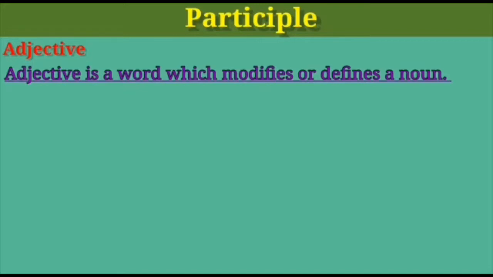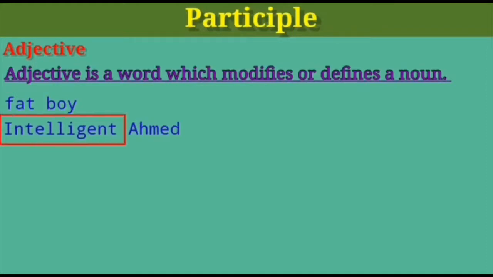For example, if I say fat boy, fat is additional information about the noun boy. So fat is an adjective. If I say intelligent Ahmad, Ahmad is a noun, so intelligent is additional information about Ahmad. So intelligent is an adjective. Smart girl. Girl is a noun, but smart is a trait, extra information about the noun. So smart is an adjective.